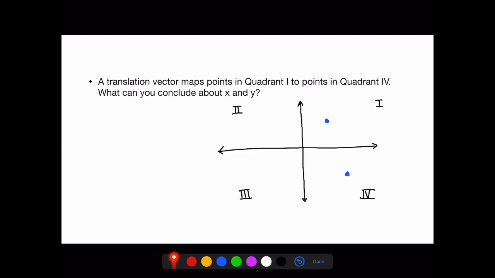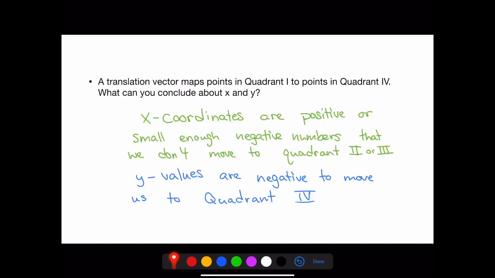As for our y values, well, if I'm moving to quadrant 4, my y values must be negative values. So again, the x coordinates are positive or small enough negative numbers that we do not move through quadrant 2 or 3. Meanwhile, our y values are negative to move us into quadrant 4. So they need to be negative enough that we move all the way down into that quadrant.